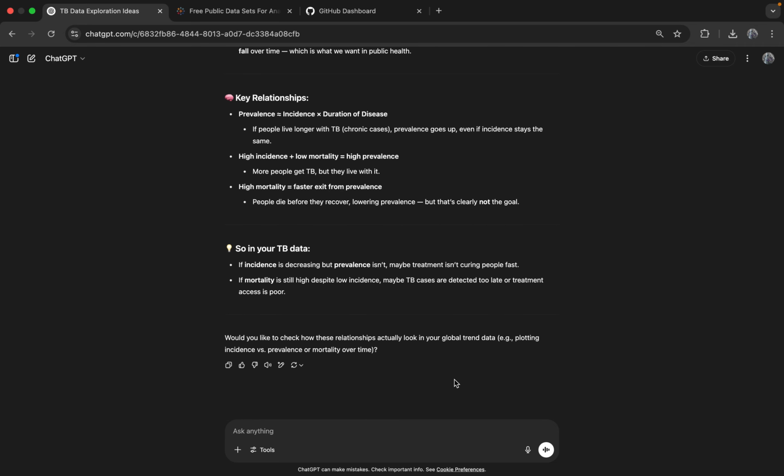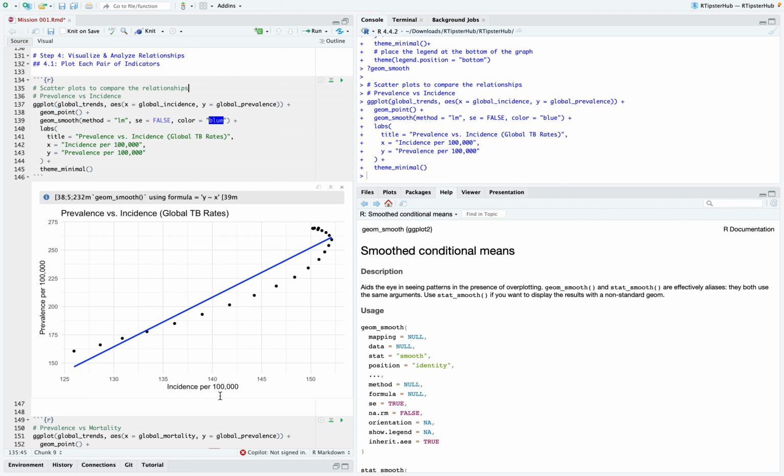So we see a clear positive or direct relationship between incidence and prevalence, suggesting that an increase in incidence will increase prevalence. Okay, yeah, makes sense.